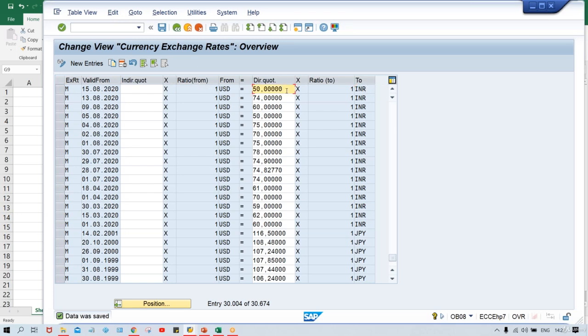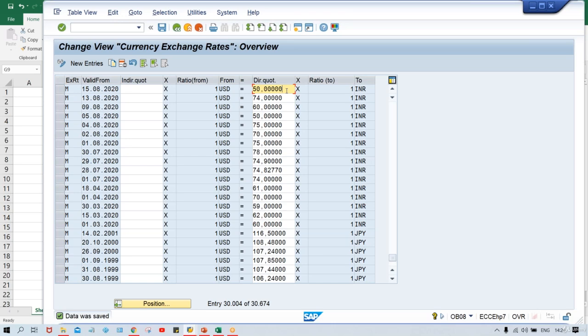It means whenever the local currency value is lesser than the foreign currency, let's suppose USD currency value is greater than Indian currency, right? Or Indian currency value is smaller than USD, or GBP, or Australian dollar, right?